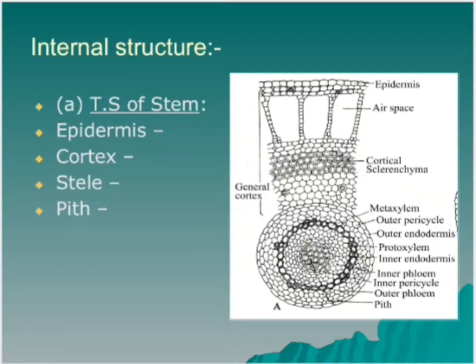Outermost region composed of parenchymatous cells with large radiating air spaces. The air spaces are traversed by a single row of cells. Middle region composed of thick walled sclerenchymatous cells and innermost region composed of thin walled parenchymatous cells containing starch.